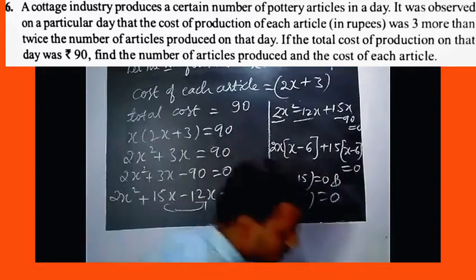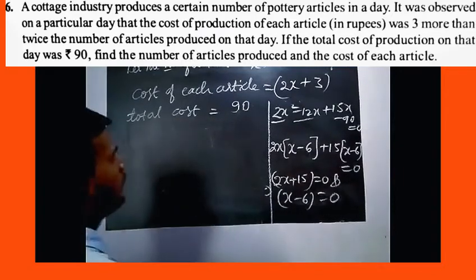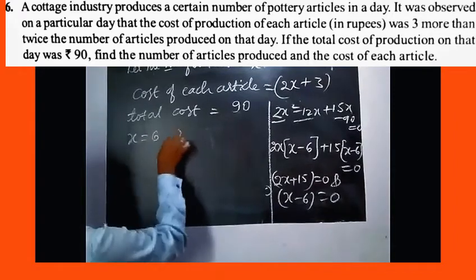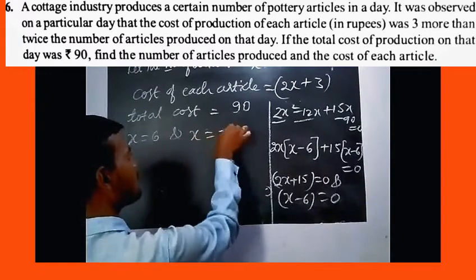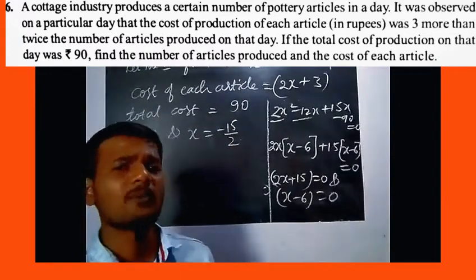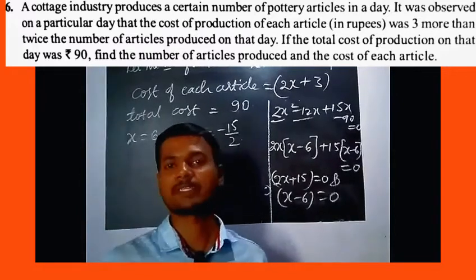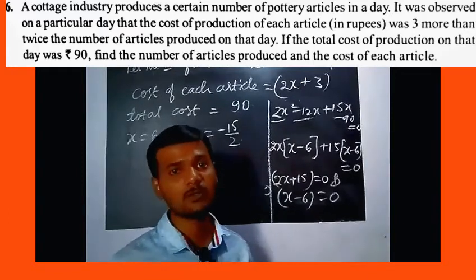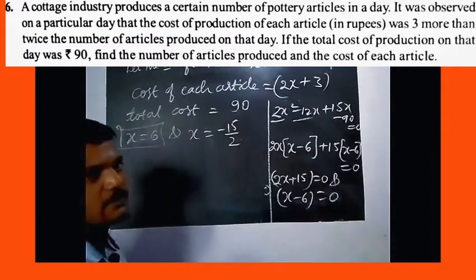Next, x minus 6 is equal to 0 means x is equal to 6, and 2x plus 15 is equal to 0 means x is equal to minus 15 by 2. The number of articles produced on that day cannot be a rational number, it should be an integer, that is also a positive integer. So we have to consider x is equal to 6 as the value of x.